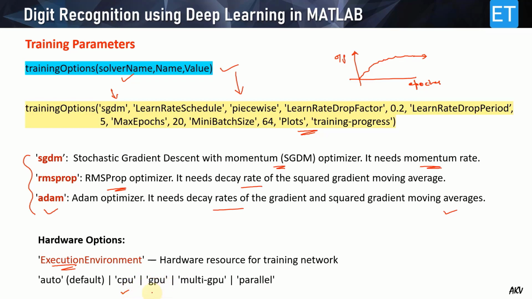But if your computer has a dedicated GPU, such as NVIDIA, you can use that power to train. You can also use multiple GPUs, if you have multiple GPU cards in a system. Or if you have a parallel computing environment, then you can use that power to train your big networks on millions of images.